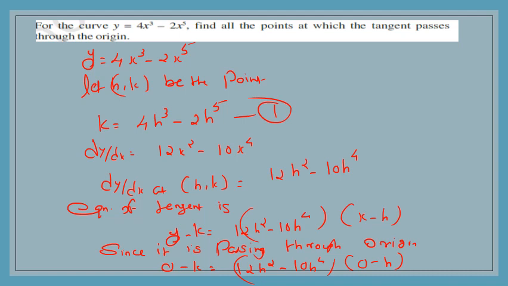So what you will get, k is equal to 12h cube minus 10h raised to 5. That is equation number 2.